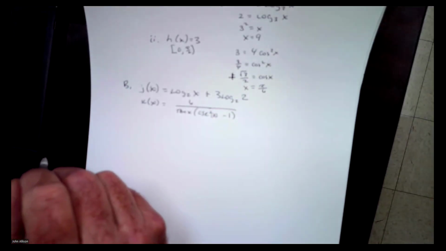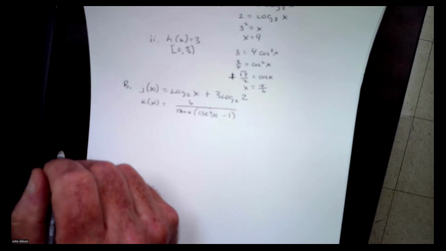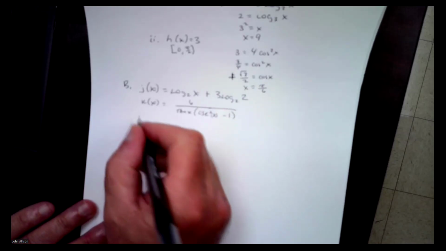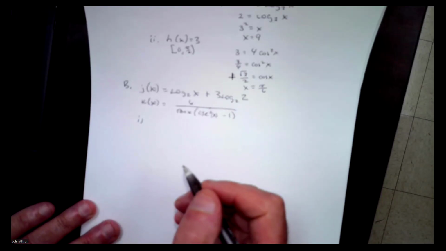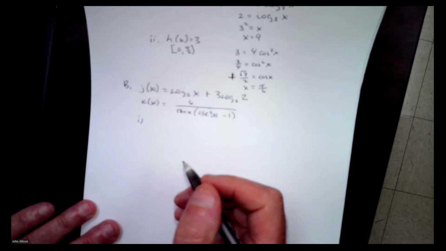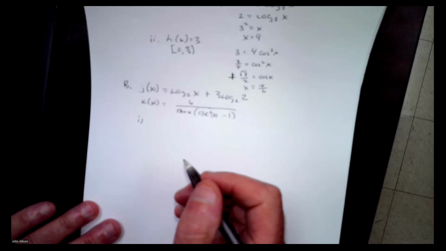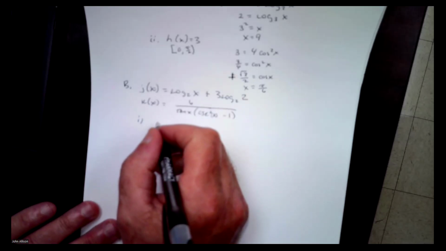It looks like the x is inside the cosecant squared, but not the rest of it. Part 1: rewrite j of x as a single logarithm with base 2 without negative exponents in any part of your expression. Your result should be in the form log base 2 of an expression with no negative exponents.